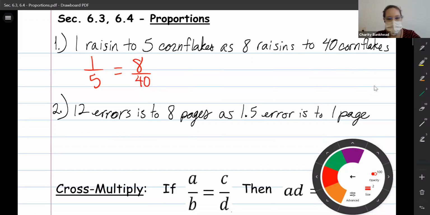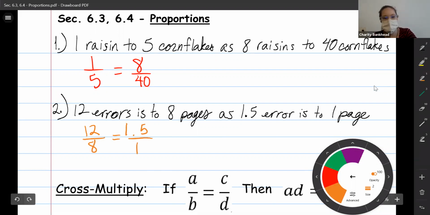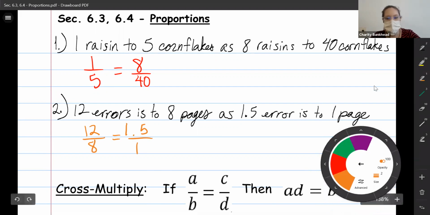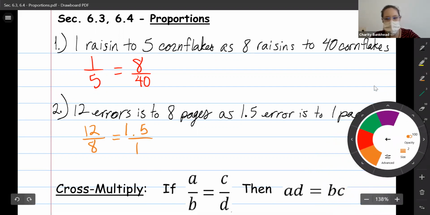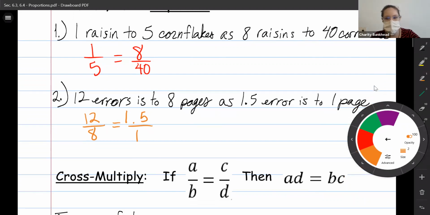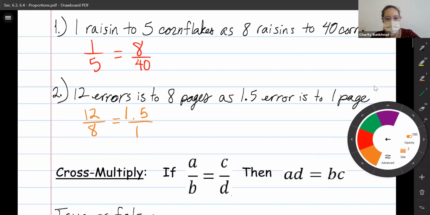And 12 errors is to 8 pages as 1.5 errors is to 1 page. So you would write 12/8 equals 1.5/1. All right, so for a true proportion, if the proportion equation is true, then you can cross multiply.